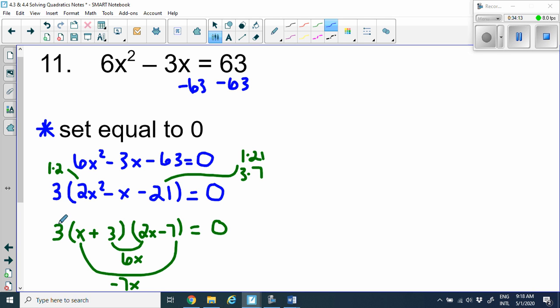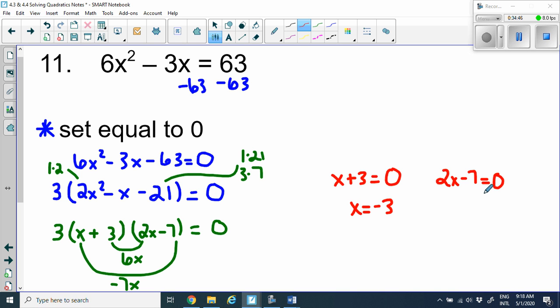So now I'm going to set my factors equal to 0. Now notice my 3, there is no variable attached to it. So if I do 3 equals 0, that doesn't make sense. So basically we're just going to set our x plus 3 and our 2x minus 7 equal to 0 to solve. On the first one, I subtract 3, so I get x equals negative 3.